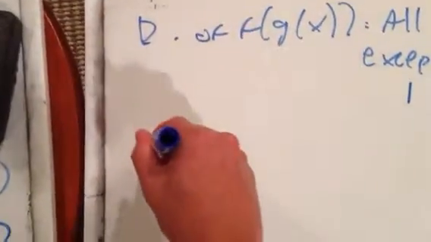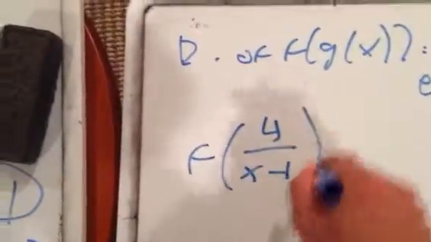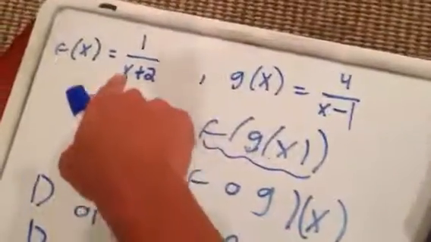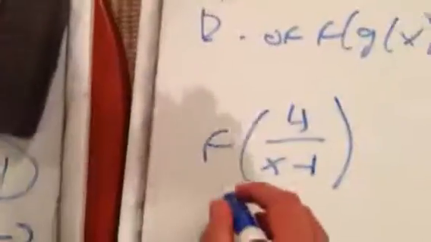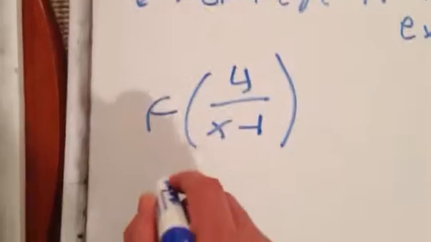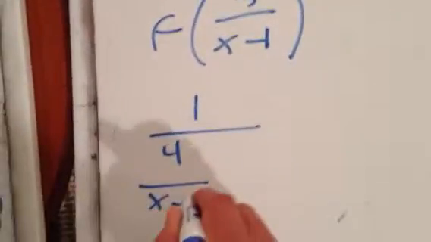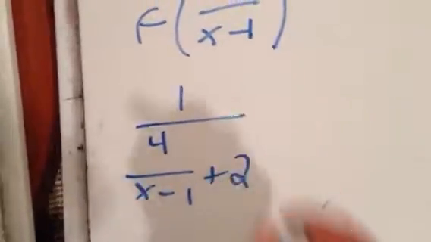So f of g of x. Sub in g of x, which is 4 over x minus 1. And then you would sub 4 over x minus 1 into x here, because it's the function of something and you substitute it in there. So now it's 1 over 4 over x minus 1 plus 2.